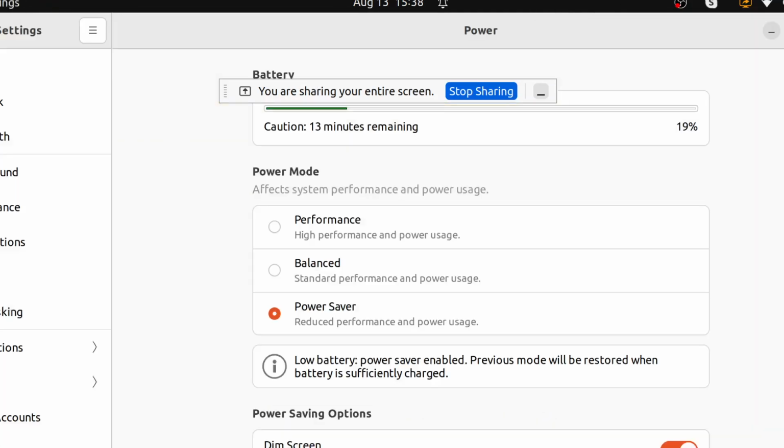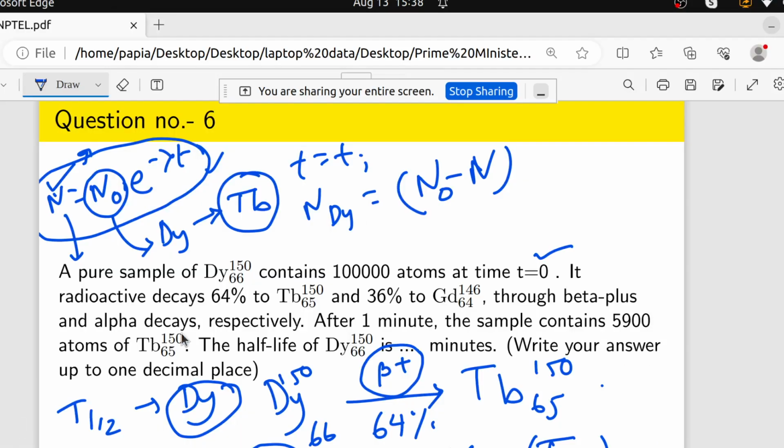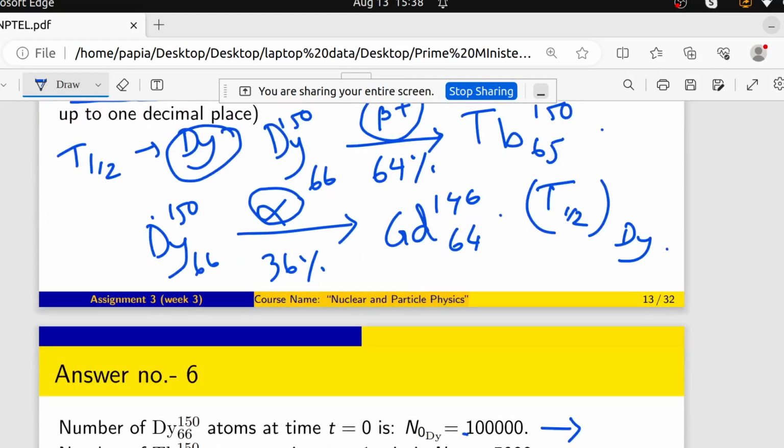After 1 minute, the sample contains that many atoms of Tb. So N of Tb after 1 minute has the value 5900. I have already mentioned that the number of Tb atoms at time t equals 1 minute is 5900.